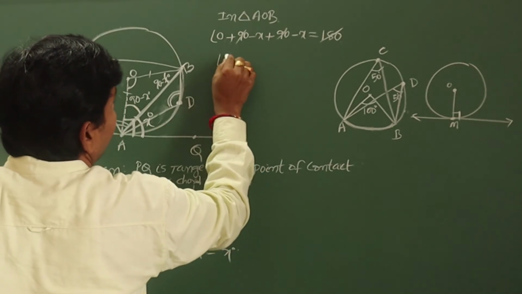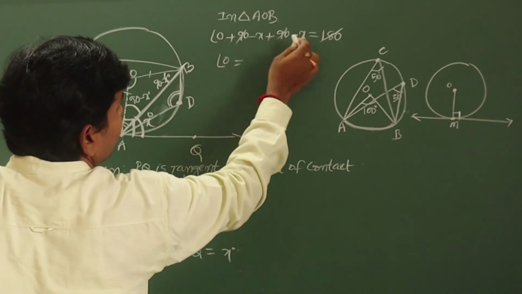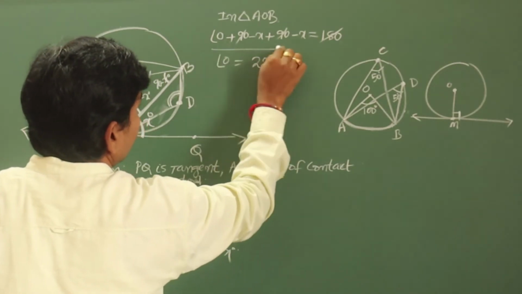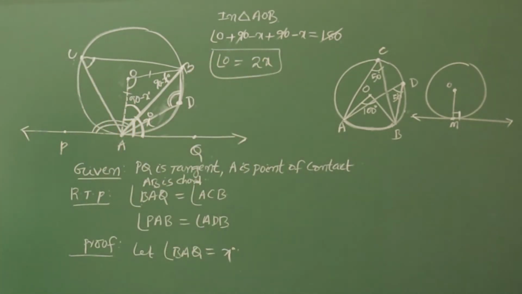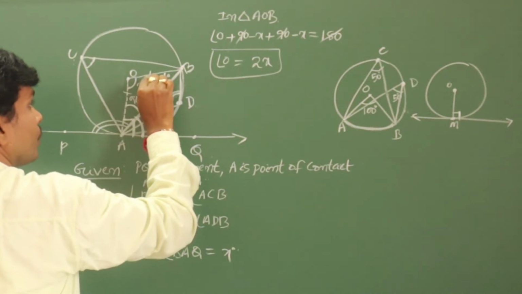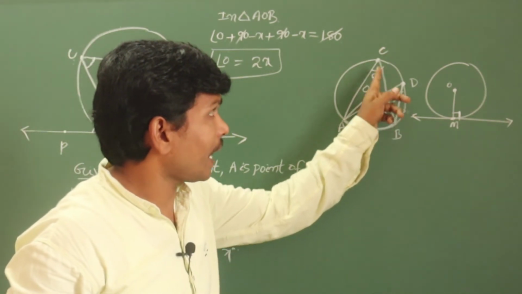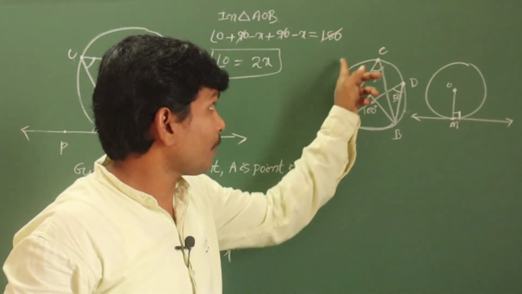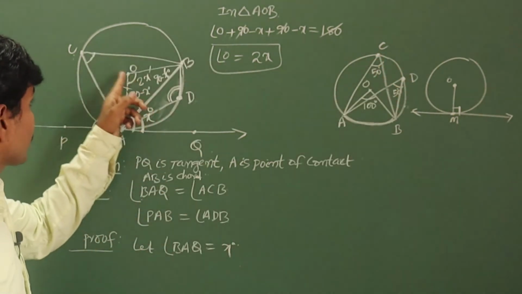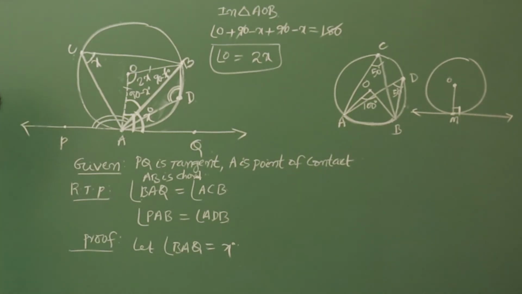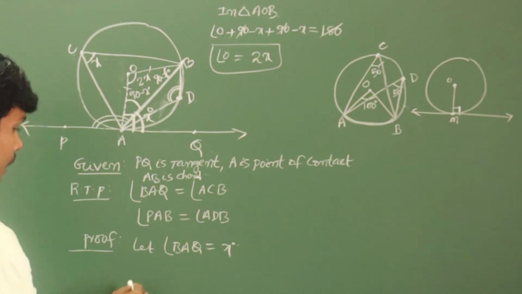The 180 cancels. Angle O equals minus X minus 2X on transposing, plus 2X. Angle O equals 2X. From this result, at the center it is 2X, so at any point of the remaining arc it is definitely X. So we took angle BAQ as X degrees, and then we got this.